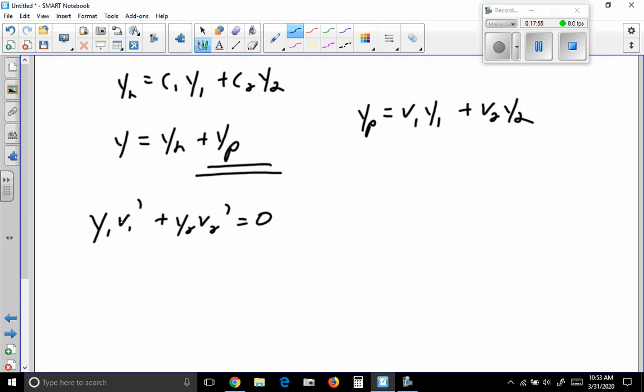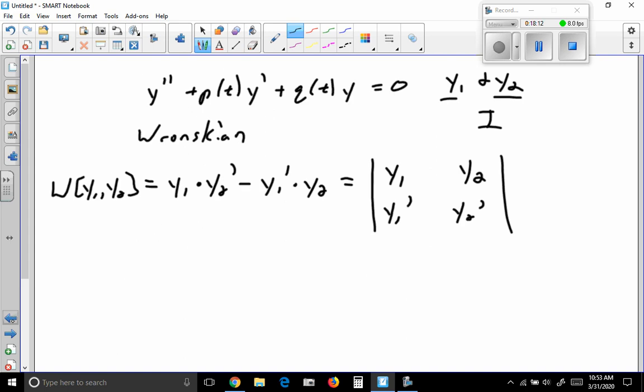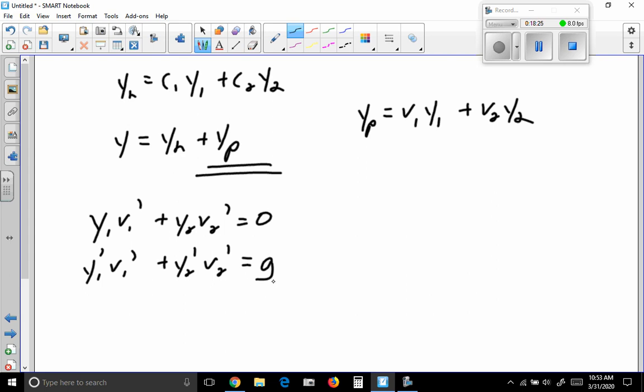We would just have a second derivative of y. And then our other equation was y1 prime v1 prime plus y2 prime v2 prime equals g, where g is what we have on the right side. So if it's not homogeneous, then the function on the right side will be called g.